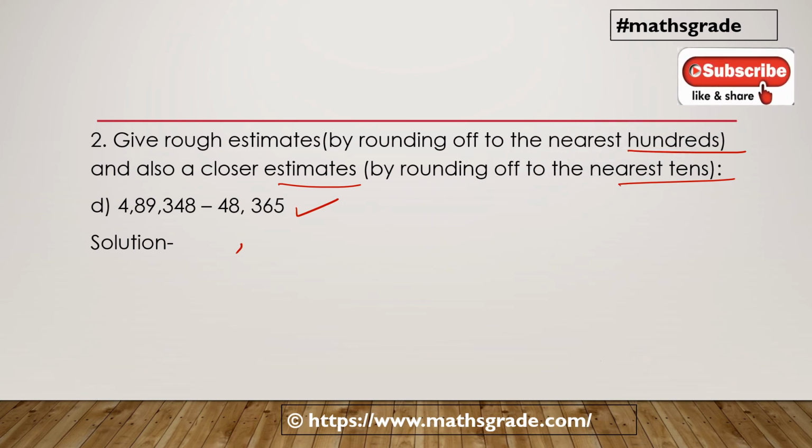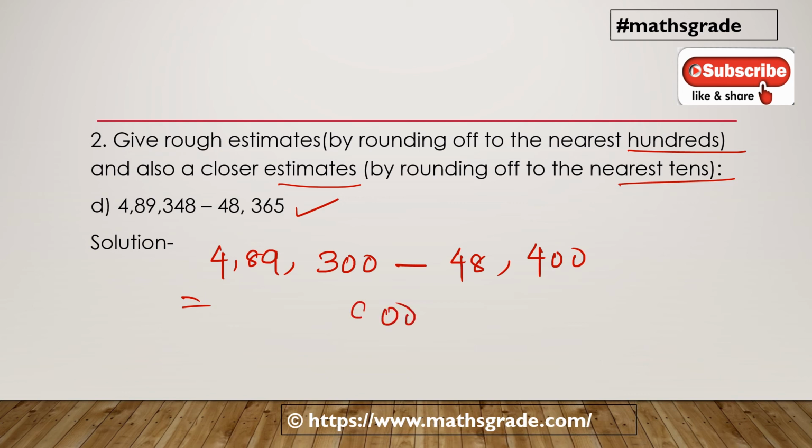Now 4,89,348 rounded to the nearest 100, we got 4,89,300, minus 48,365 rounded to the nearest 100, we got 48,400. 4,89,300 minus 48,400: 0, 0. 13 minus 4 is 9.